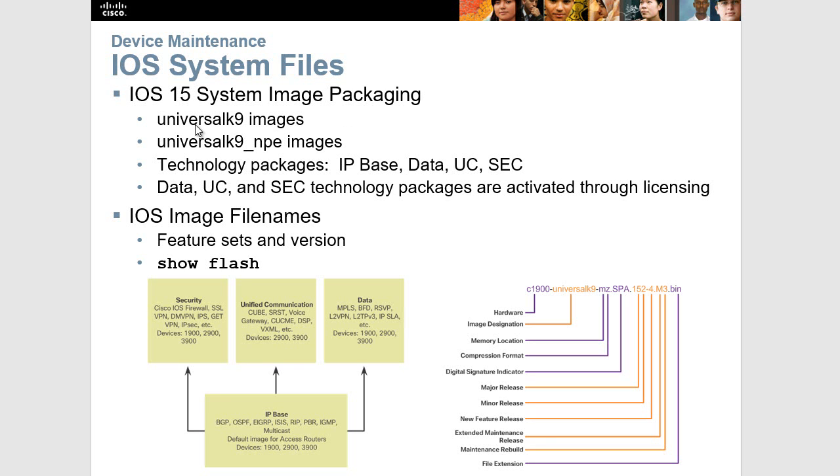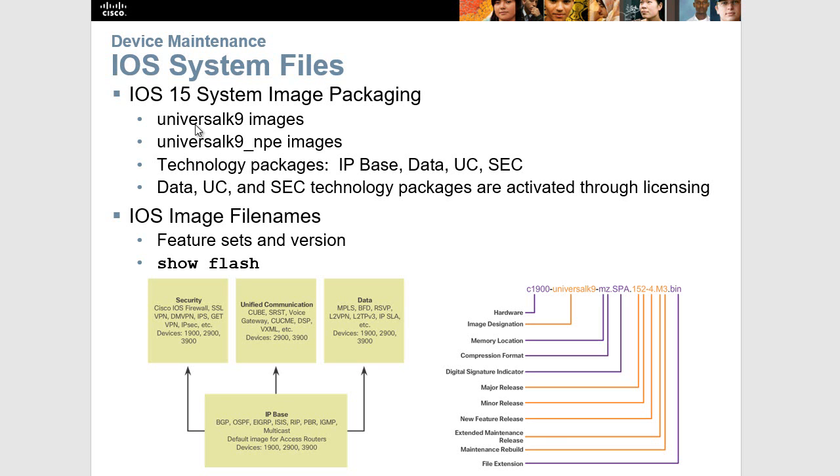universal has all features. Okay, encryption, all functionality of your device. Okay, VPN, SSL, secure unified communications. It has everything.